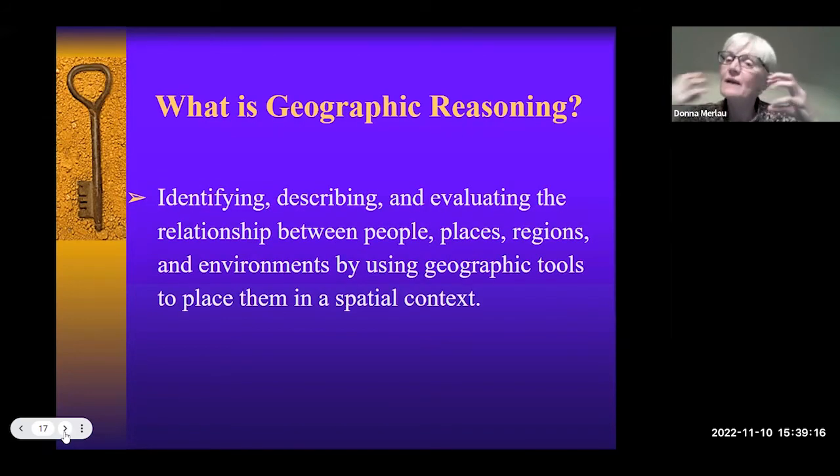So if I'm trying to reason geographically, I'm identifying, describing, and evaluating the relationship between people, places, regions, and environments using geographic tools. And I'm placing them in a spatial context in relationship to one another. We've done that, I think, when we looked at the Africa information.